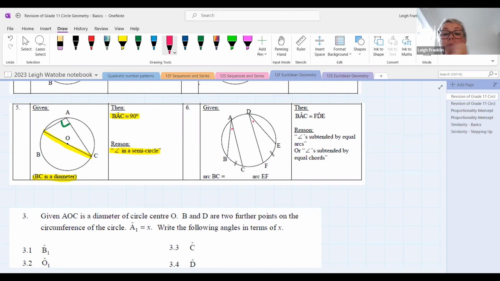So we would say that the angles are subtended by equal arcs, or subtended by equal chords. An abbreviation of that is equal chords subtend equal angles. You're also allowed to say that. It comes up occasionally. It is not very common, but we see it every now and again.